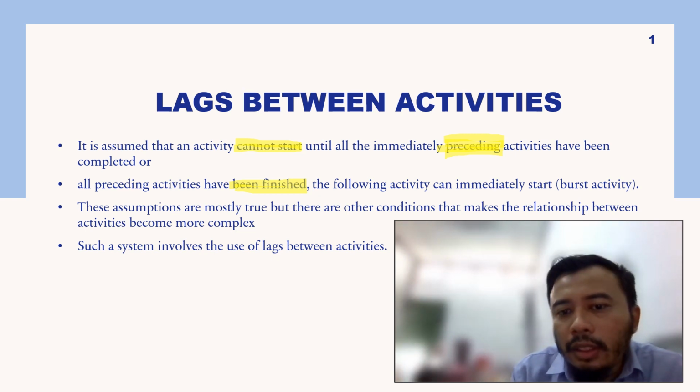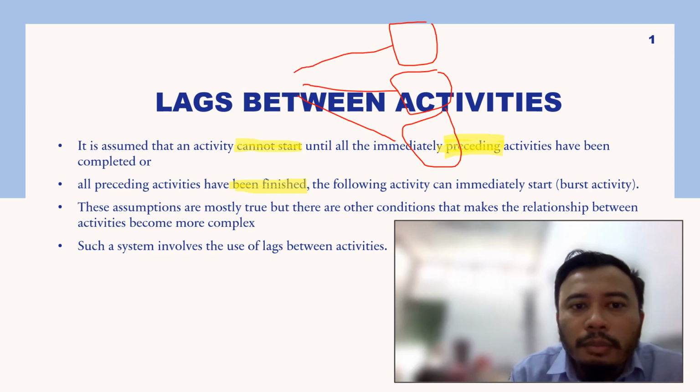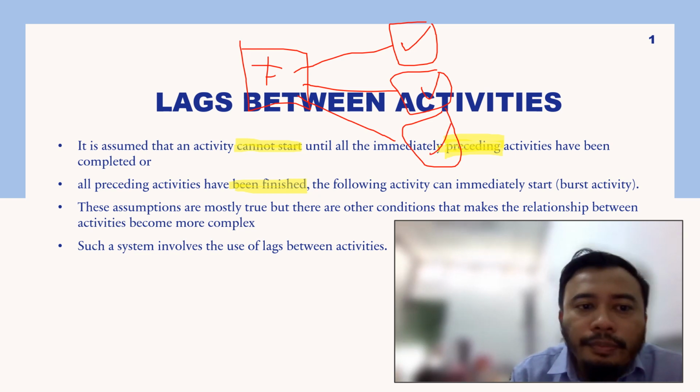For example, if you have three following activities, they cannot start unless the preceding activity has been finished. If you finish here, then you can start all the following activities.